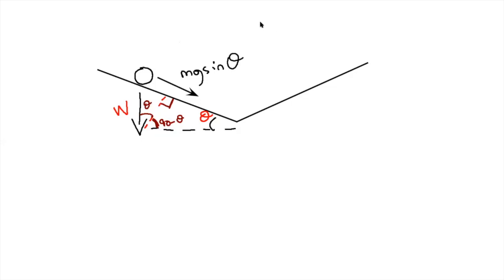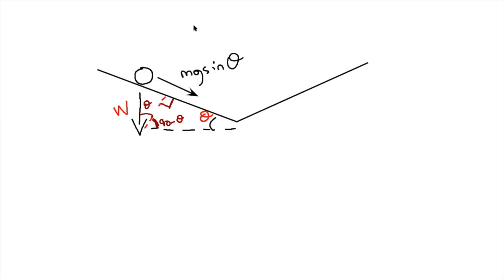So I don't even need to prove this. Now, I know that if this is my line, and if I want to find this vector right here, it's going to be W sine theta or mg sine theta, right? Because I know that this is my hypotenuse, this is my opposite, this is my adjacent.